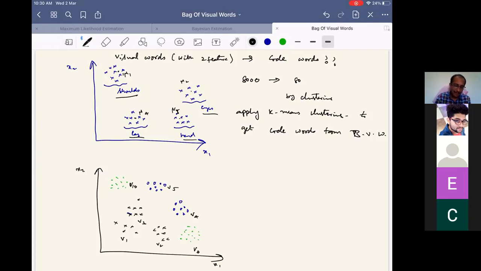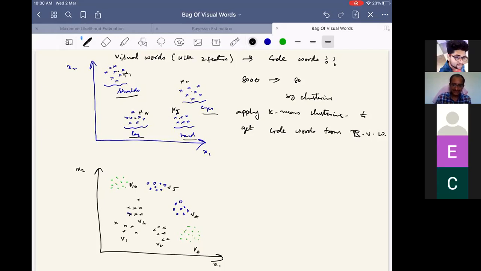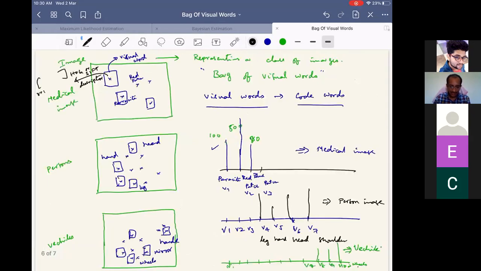However, if I take the corresponding class samples and cluster, it may be a little simpler to get the corresponding code words. But usually, how will you know which class a descriptor is from? I need to know it.